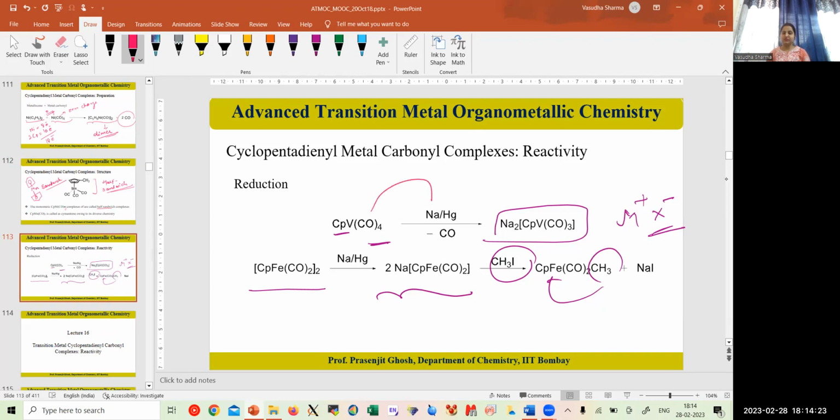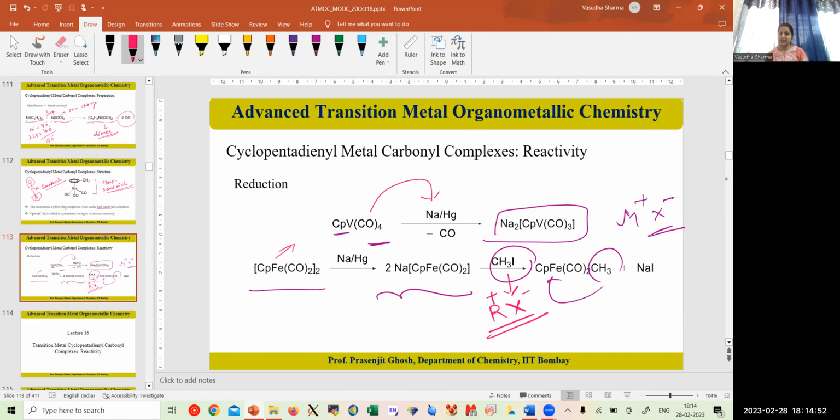Here it is being treated with sodium amalgam, and it will give you Na[CpW(CO)3] with the loss of carbon monoxide, which we have seen last time also. Similarly, if a dimer of iron having both Cp and carbonyl is made to react with sodium amalgam, it will give you a monomer, which is then reacted with RX, where R is positive and X is negative.